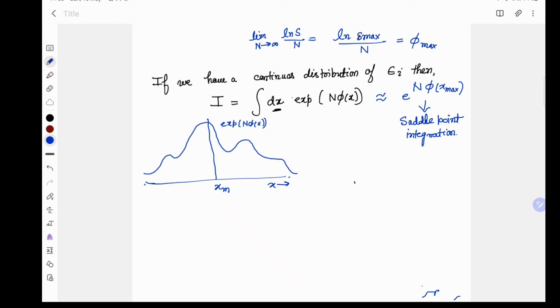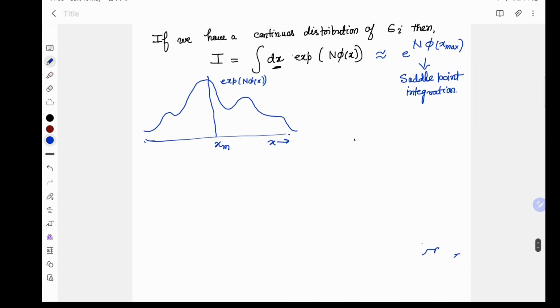In saddle point integration the procedure is to expand phi around its maximum value.